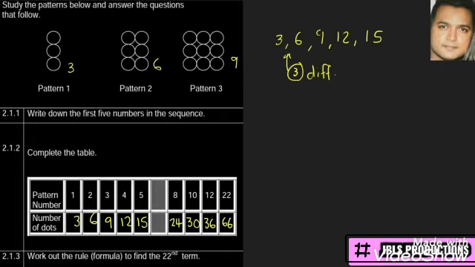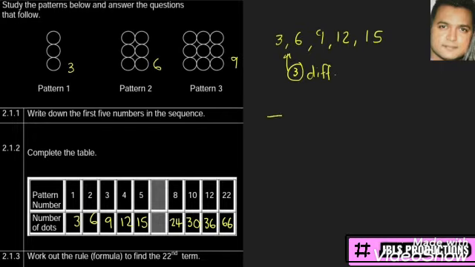Okay, going to the next one, we have to work out the rule or formula to find the 22nd term. Now we've already found out the 22nd term to be 66, but now they want us to use a rule. Now when we are dealing with common difference, we generally use a rule which you must know and memorize and work with that rule or formula to arrive at your answer.